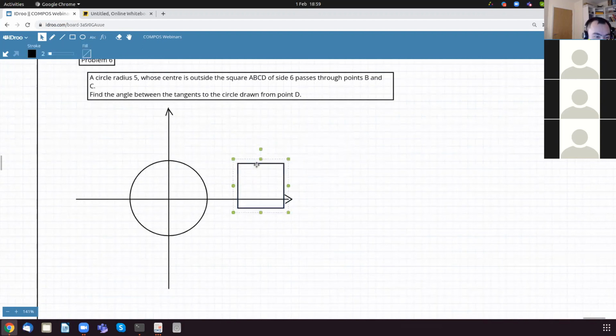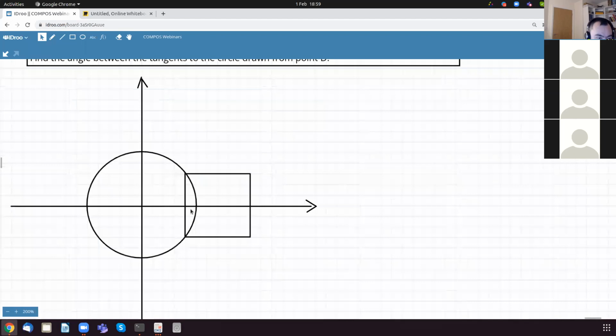Well, there's only one way of the circle going through the square. Well, that fits very nicely. You can use the guidelines of the squares to help you. We will confirm that, but it looks like the square fits quite nicely here.